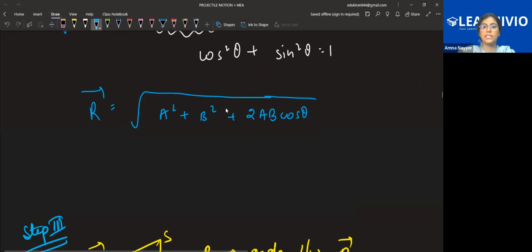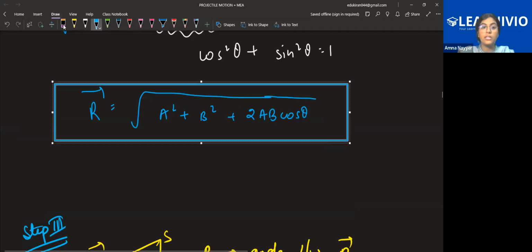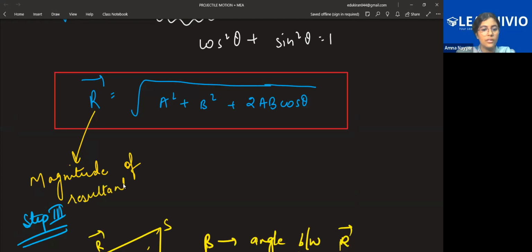So this is the main equation for the resultant of a parallelogram. Now look, what is this? This is the magnitude of the resultant, not the complete answer. It's the magnitude of the resultant. What is this? This is our first vector.